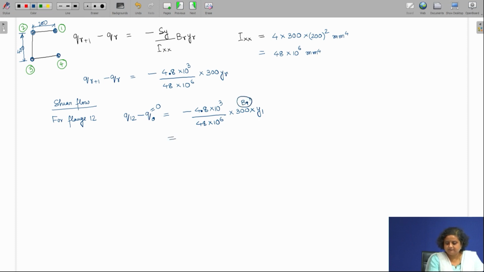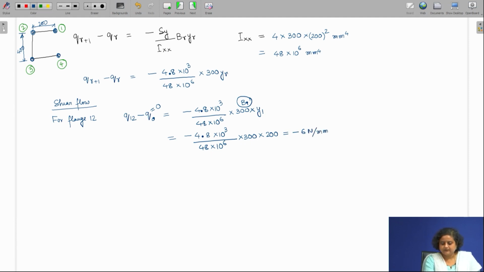So if I simplify this, I am going to have minus 4.8 into 10 to the power 3 into 300 into Y1, which is therefore going to be plus 200. So this turns out to be minus 6 Newton per millimeter.